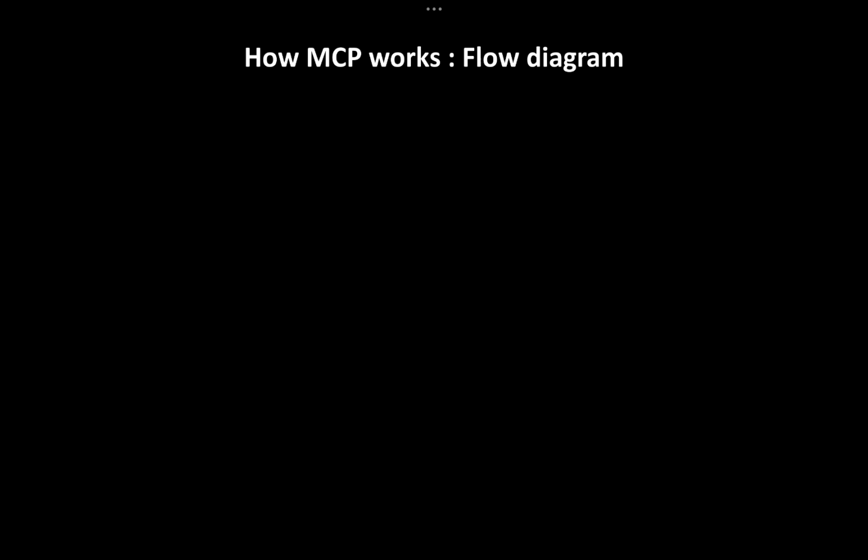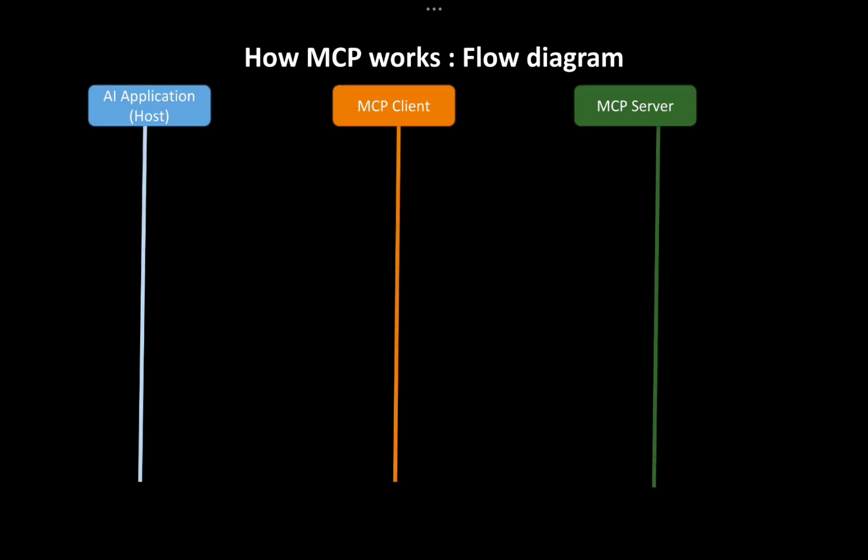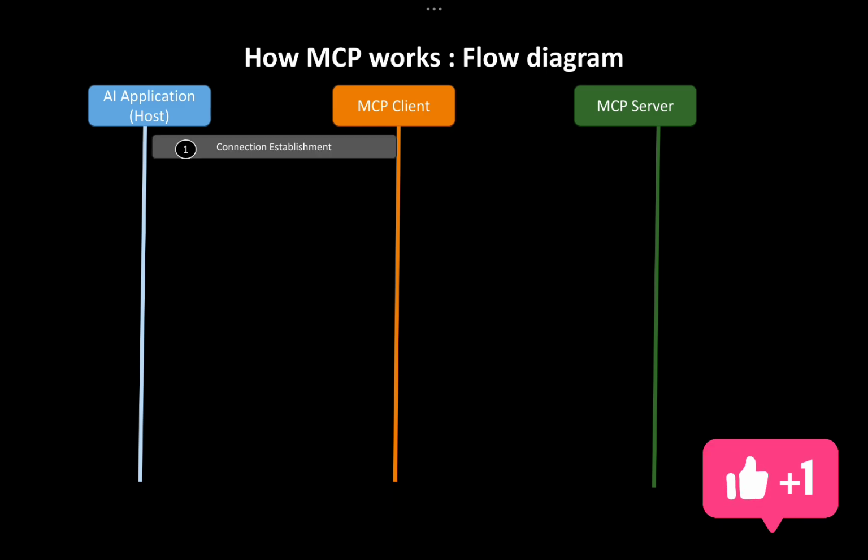Now let's talk about a typical MCP workflow with a flow diagram. We have our host, which is nothing but the AI application. Then we have the MCP client, and also the MCP server. At first there would be communication from the host to the client, and that connection would be established.